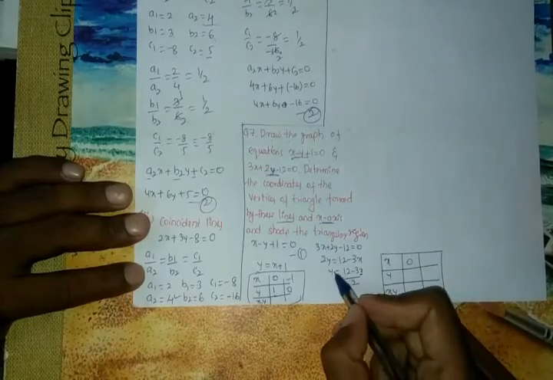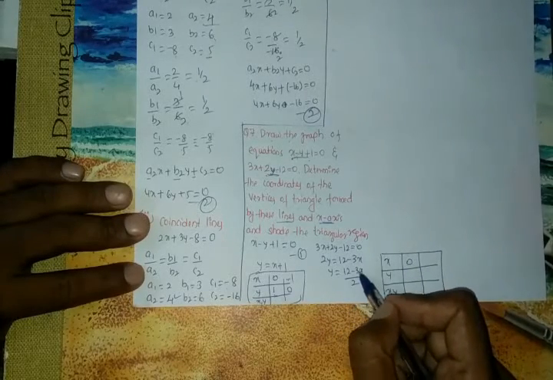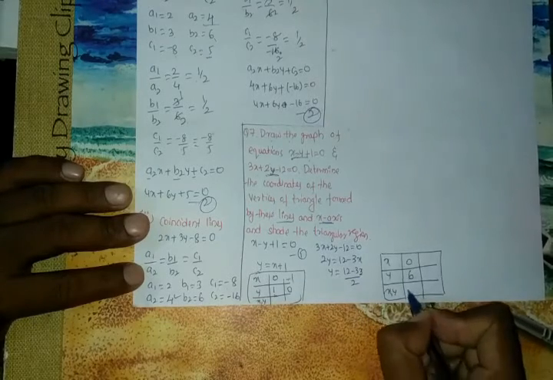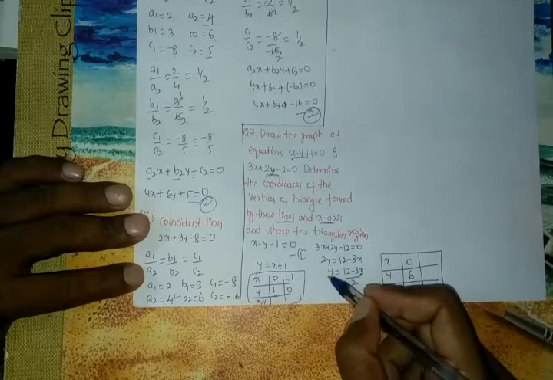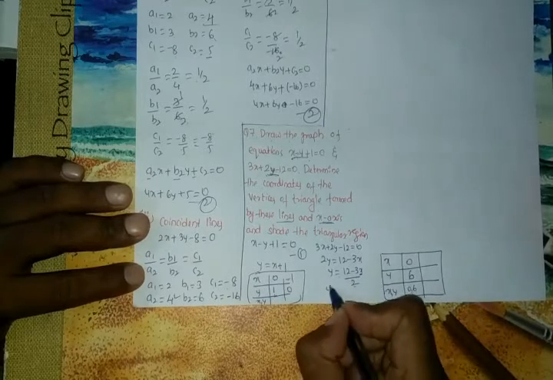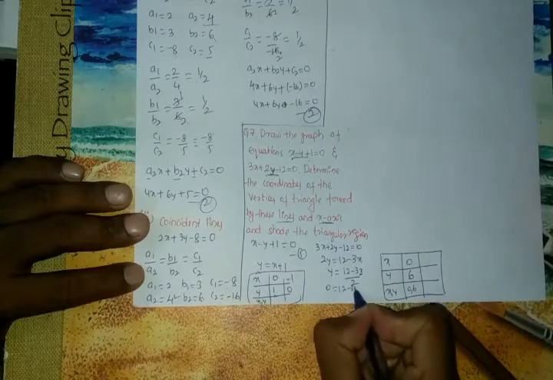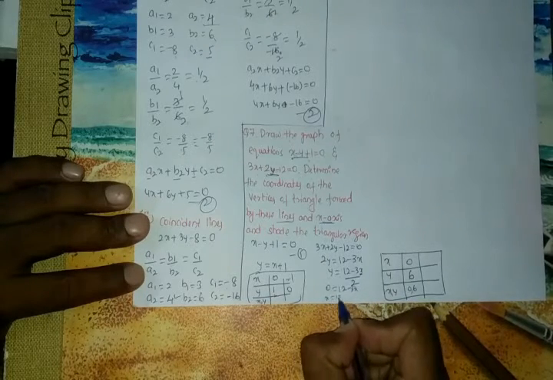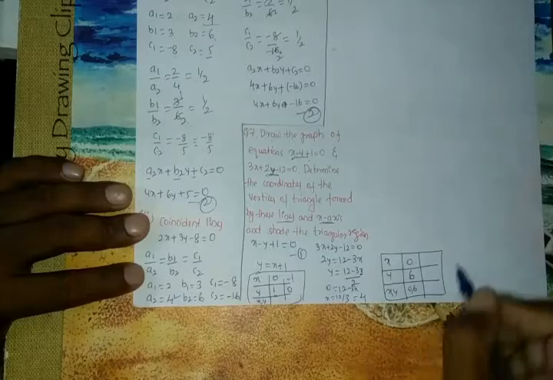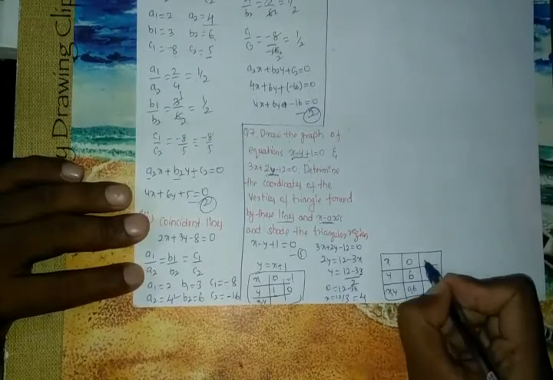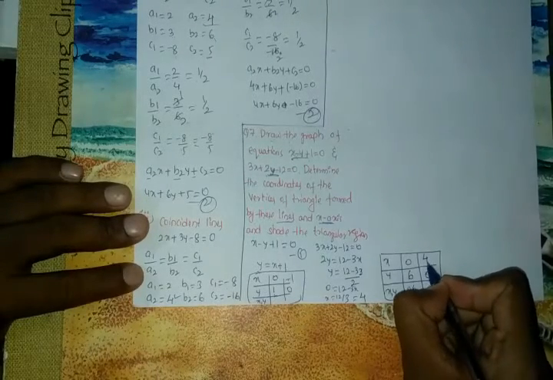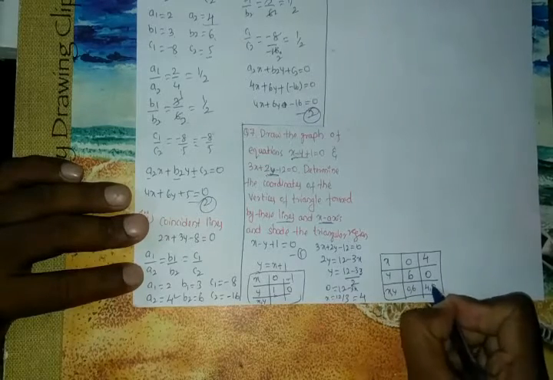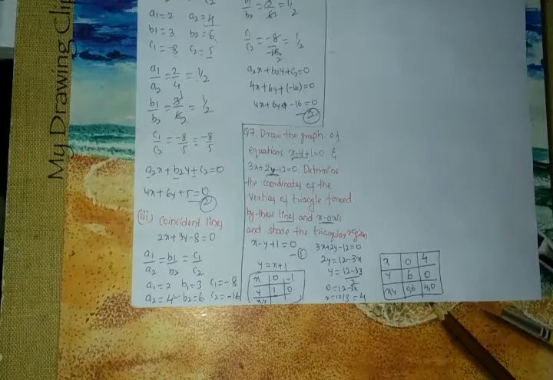I will get the corresponding value of y as 12 by 2, which is 6. So 0 comma 6. And when I make y as 0, 0 equals to 12 minus 3x, or x equals to 12 by 3, which is 4. So when y is 0, x is 4. So I get the points as 4 comma 0.